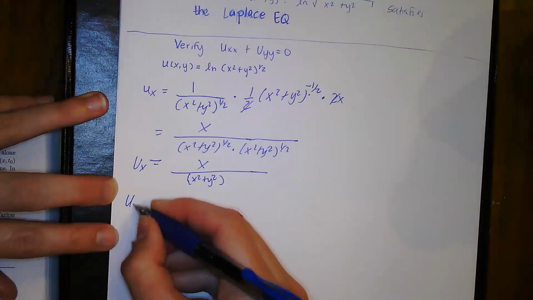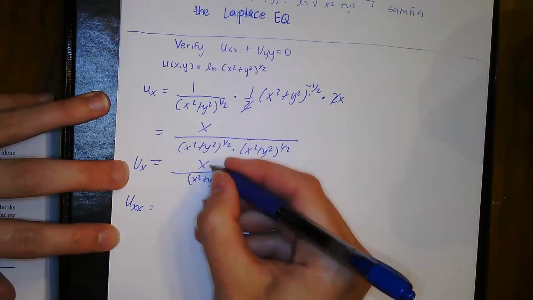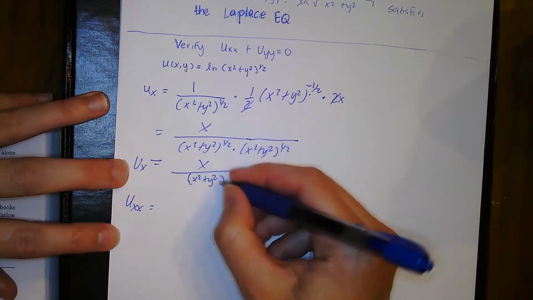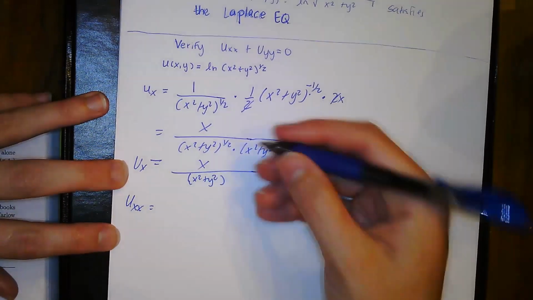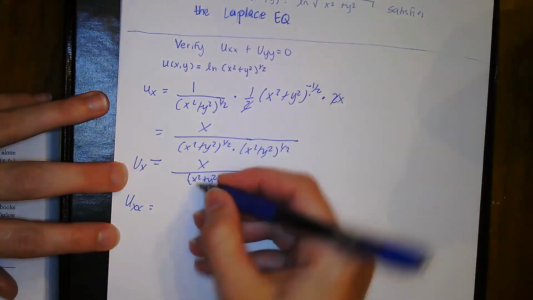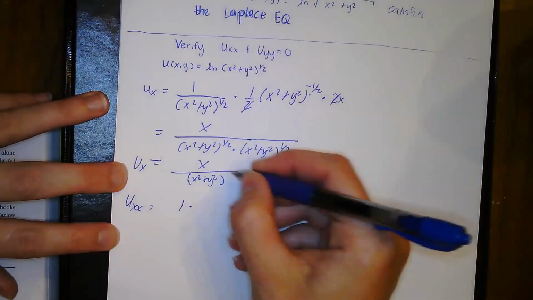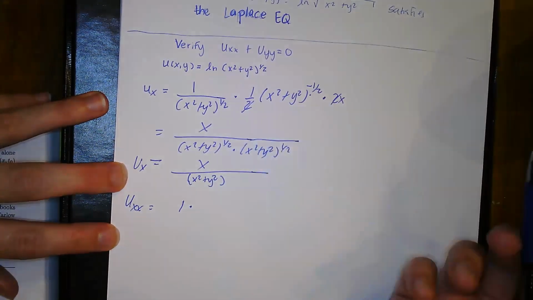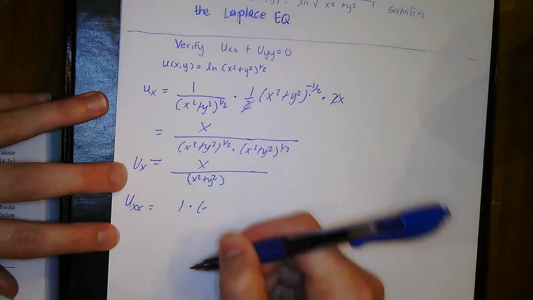Then we could take the second derivative with respect to x, and we could say that this term here is f, and g prime is x squared plus y squared to the -1. And then we can do the product rule. So f prime is 1 times x squared plus y squared to the -1. You take the derivative of that, well, I guess we keep that.